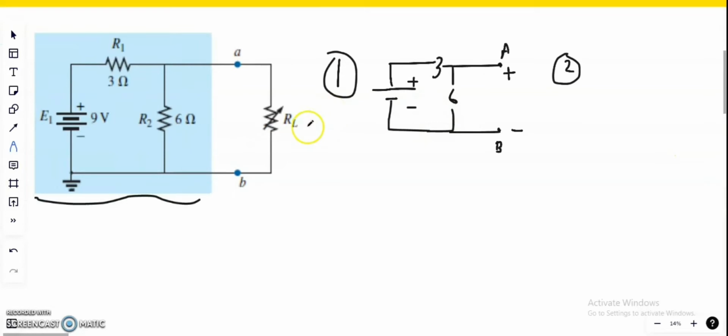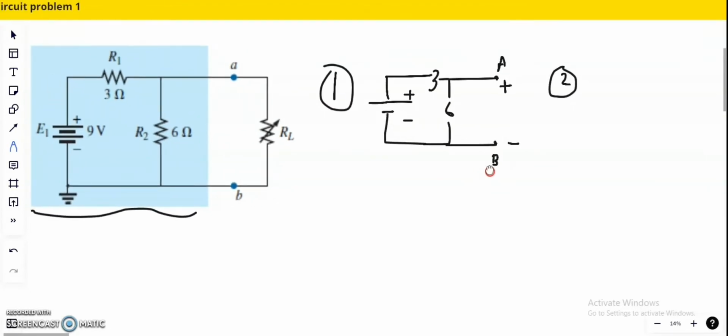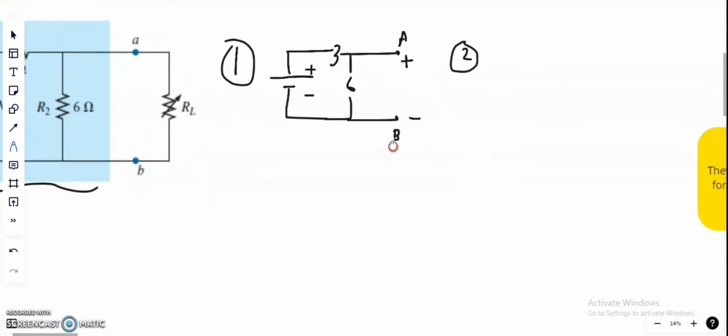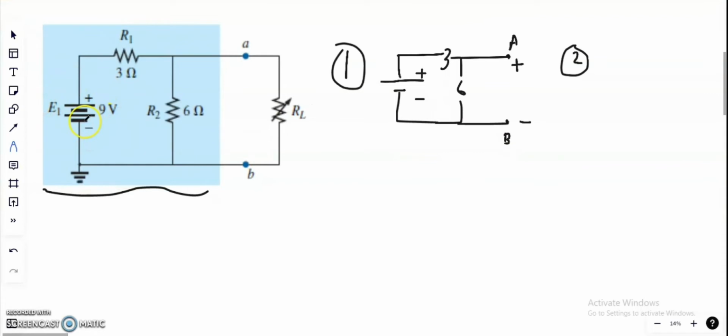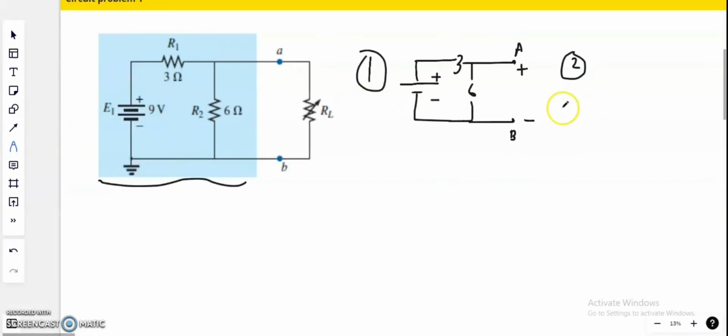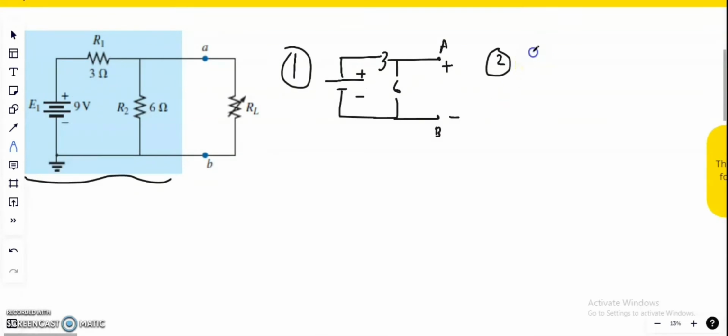For step 2, to find the Thevenin resistance, first we need to remove all power sources. If it's a voltage source, we short circuit it. If it's a current source, we open circuit it. Since this is a voltage source, we will short circuit it, and the circuit would look something like this.